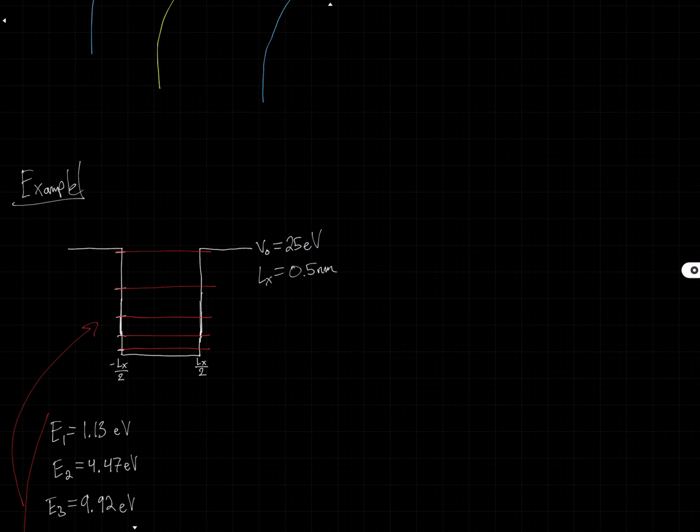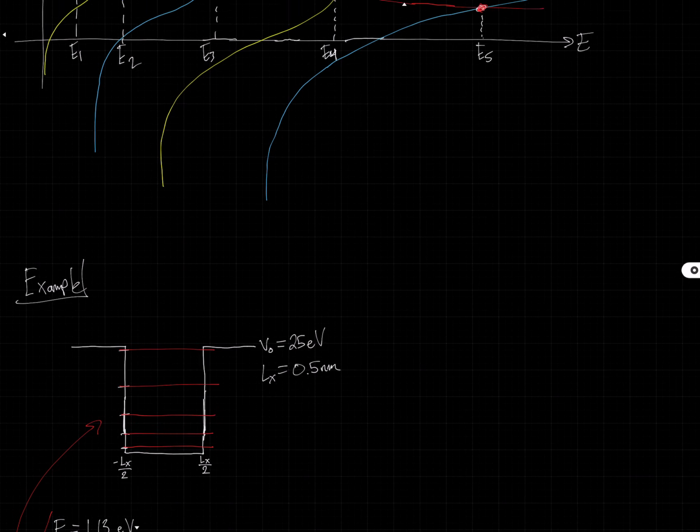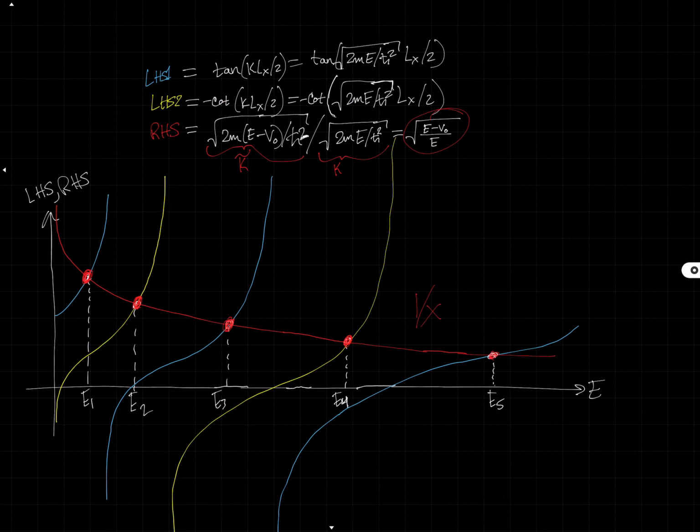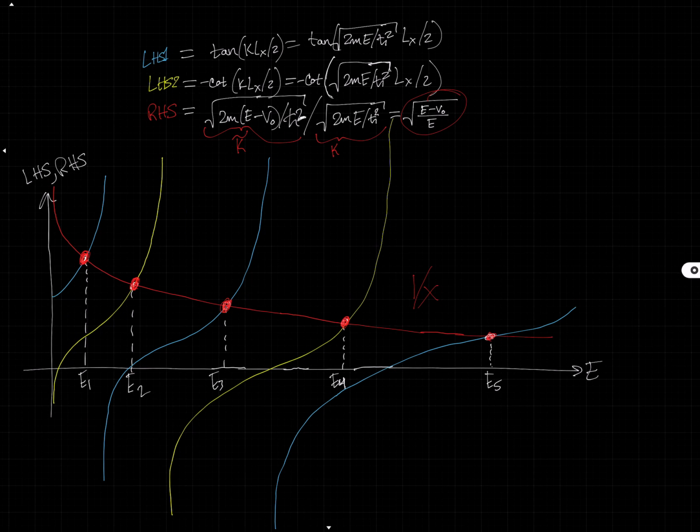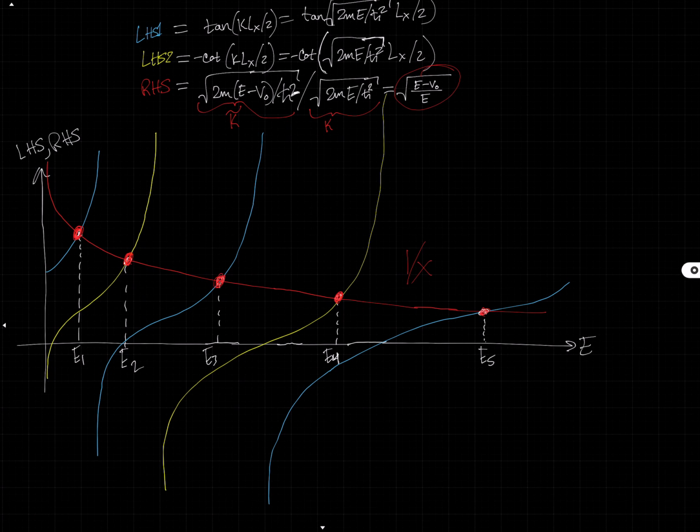All I did was go onto MATLAB, make an array of E, substitute V naught into this expression, and plot these functions. And by plotting these functions, I found my energy eigenvalues.